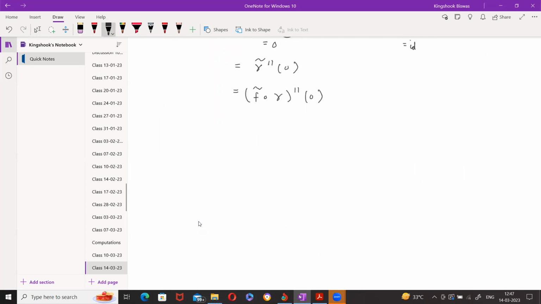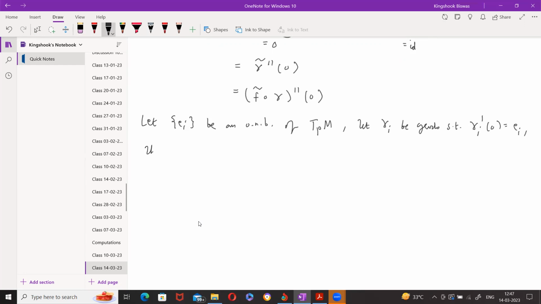So now let e_i be an orthonormal basis of T_P M, and let gamma_i be geodesics such that gamma_i prime 0 is equal to e_i.